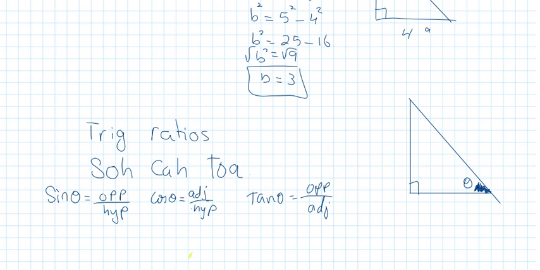Now if I want to name the triangle, there's one side that will never change, which is the hypotenuse. Where is the hypotenuse? The longest side, which is the one across from the 90 degree, right? This is never going to change. Now the two other things that I need to know are adjacent and opposite. These will change depending on where your angle of focus is.